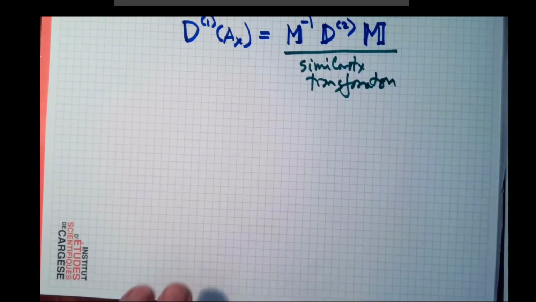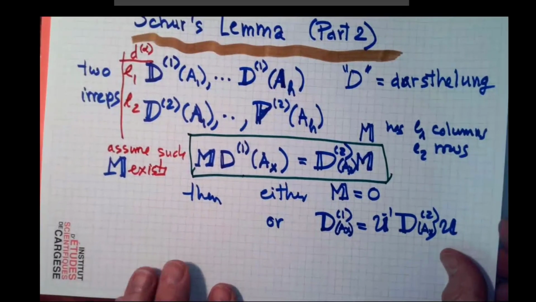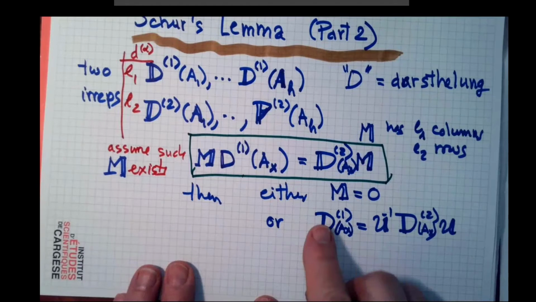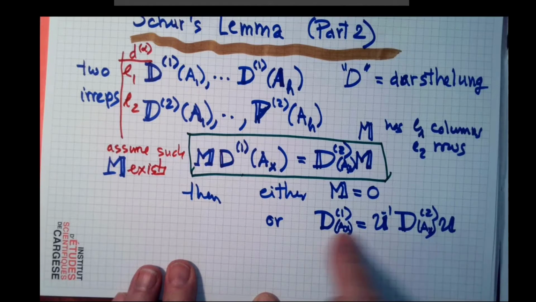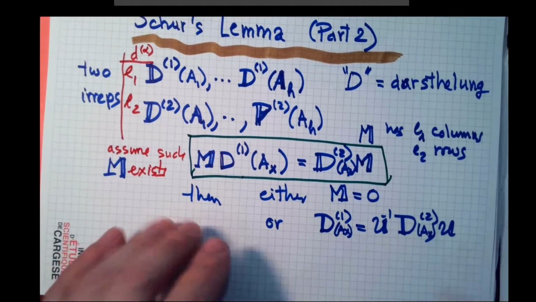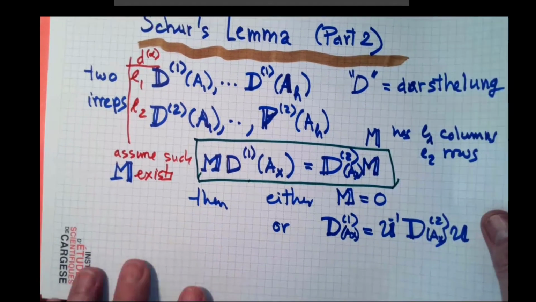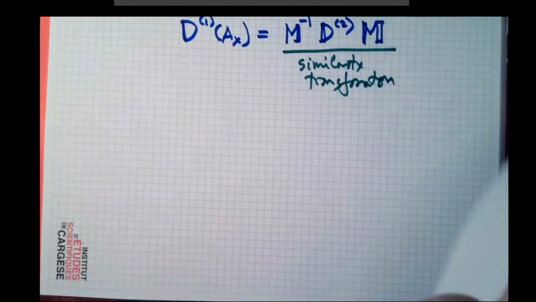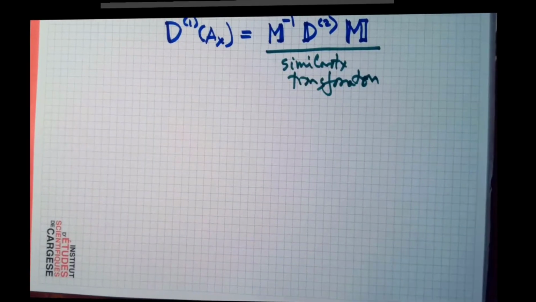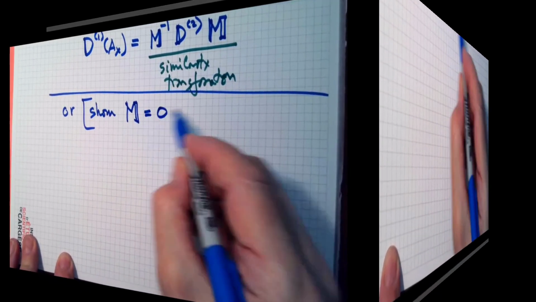So that proves half of this Schur lemma part 2, which says that if they're the same dimension, then one is a similarity transformation of the other. So it's the same representation. It has all the same properties. Or M equals 0. I'll let you just finish the proof in the book yourself. Just a zero matrix.